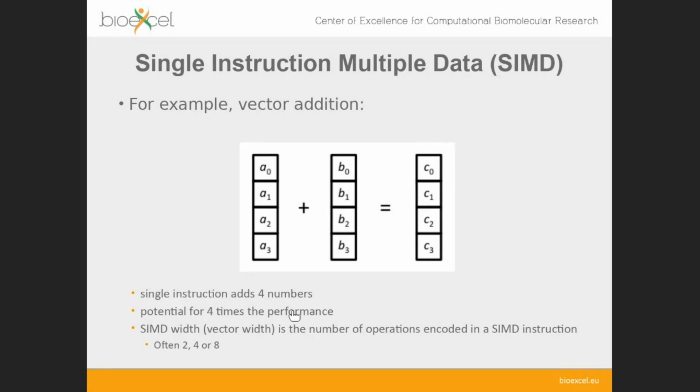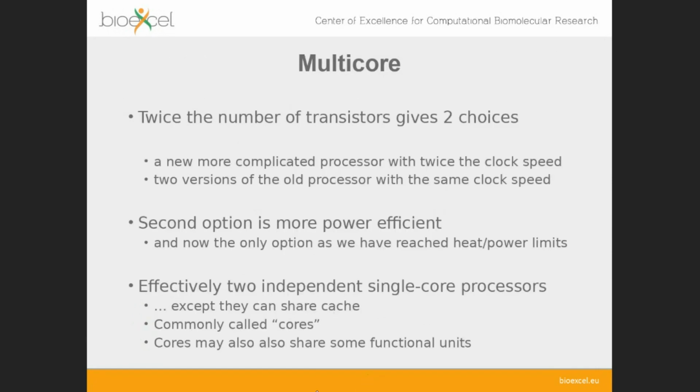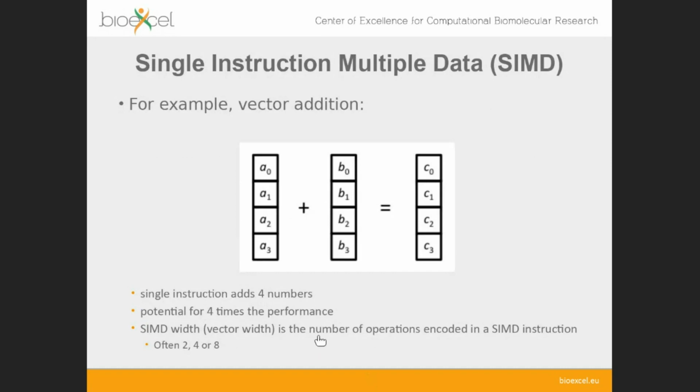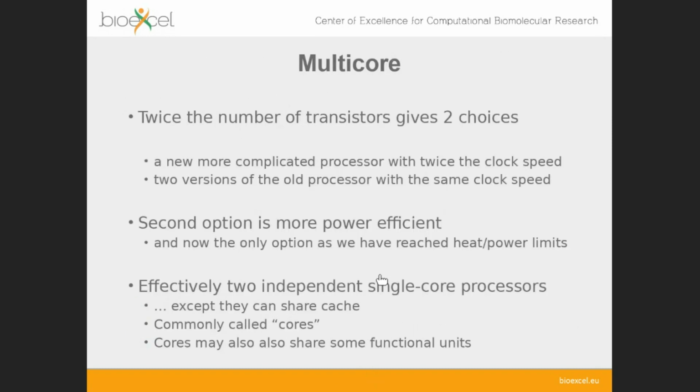So in principle, if that can execute in one go, that could give you a 4 times speed up. And processor cores have been designed to do this very efficiently, to store those 4 values or 8 values, however many there are, and to add them all at the same time. The number of operations that can be encoded to take place at the same time is known as the SIMD width, or the vector width.